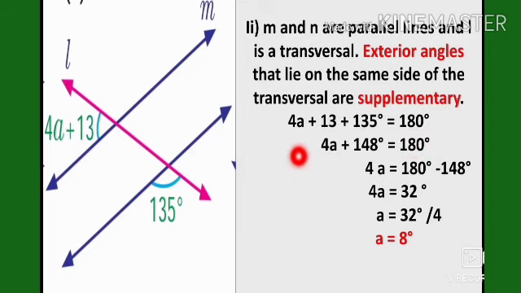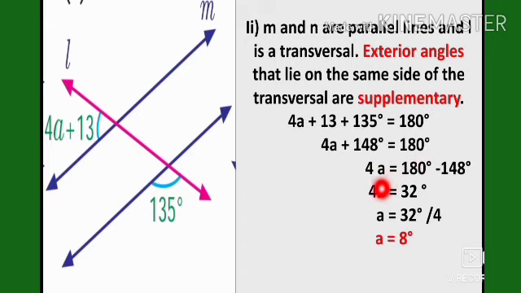So the sum means addition of these two angles. So one angle is 4A plus 13, plus the other angle 135 degrees, is equal to 180 degrees. So 4A plus 13 plus 135 degrees, which is 148 degrees, is equal to 180 degrees.